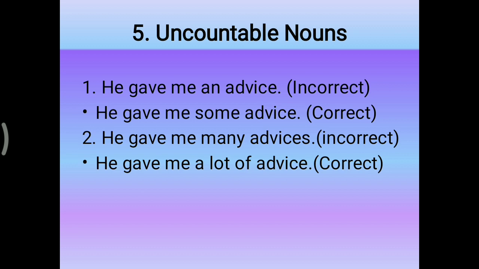He gave me an advice. So this is incorrect. We cannot say 'an advice'. The correct form would be: he gave me some advice. Next instance would be: he gave me many advices. This is again incorrect. The correct form is: he gave me a lot of advice.